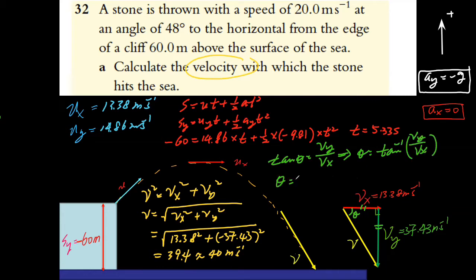Theta equals tan minus 1 of minus 37.43 over 13.38. That gives us minus 70 degrees. That means this angle is 70 degrees, and the velocity equals 40 meters per second.